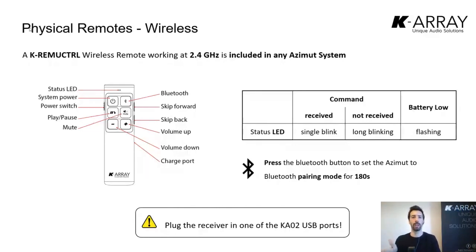It's like when you have a wireless mouse for your computer, right? You put that little receiver inside one of the USB ports on your computer. It's the same. Then you have to switch on the wireless remote. There is a little on-off switch on the right. And you also have to make sure that the remote is fully charged.